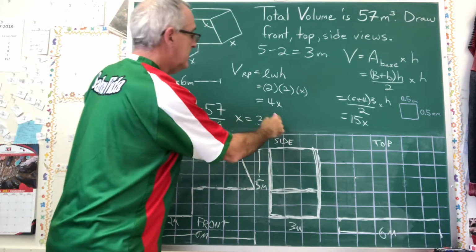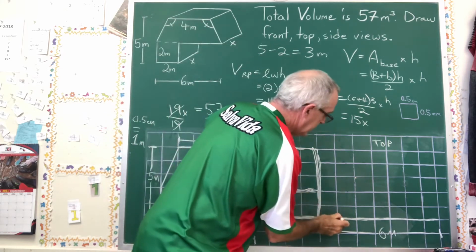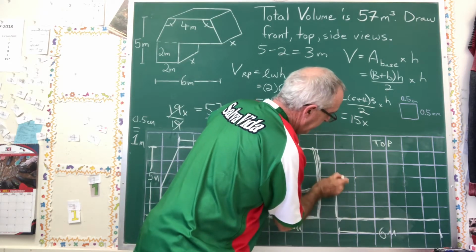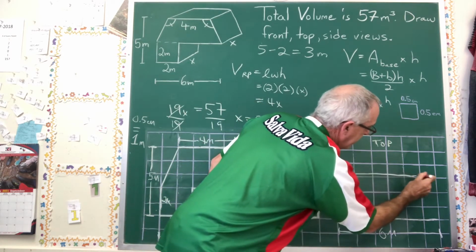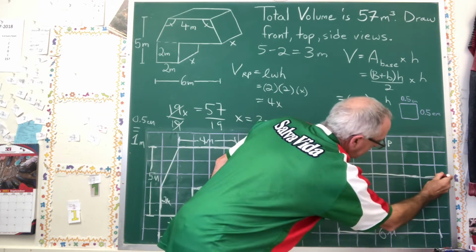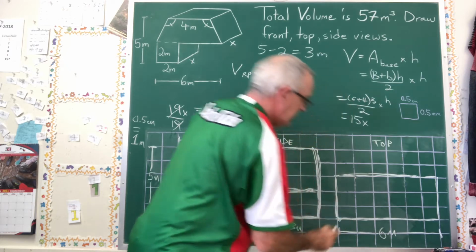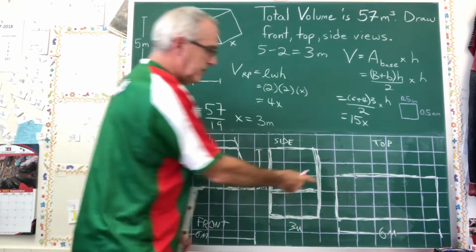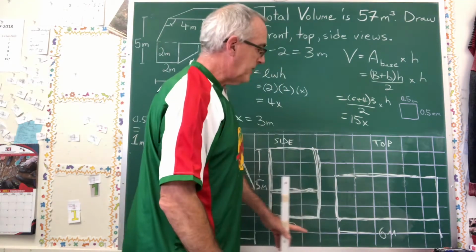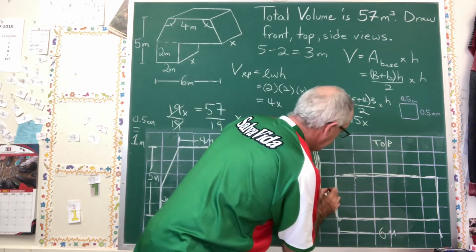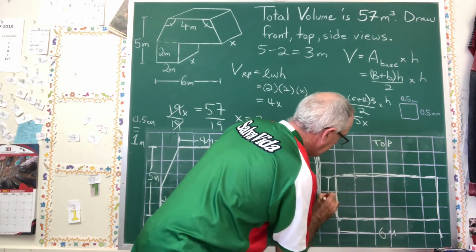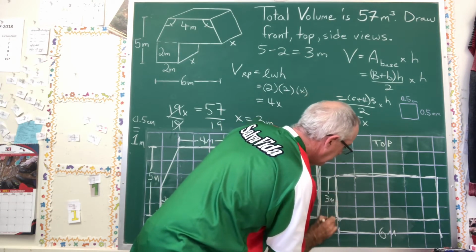Now the x is the 3 meters we calculated, so I just have to go up by 3. Really, we have a rectangle. So it was a simple rectangle from the side, and it's a fairly simple rectangle from the top as well. And I'm going to label the 3 meters.